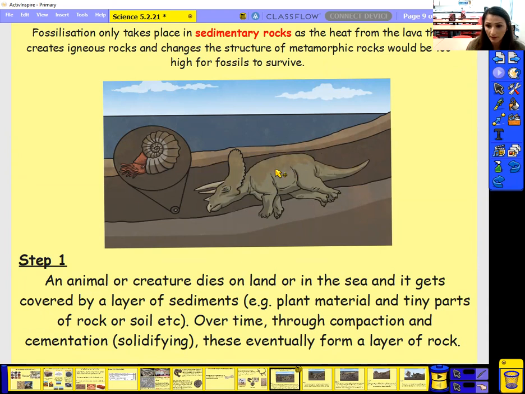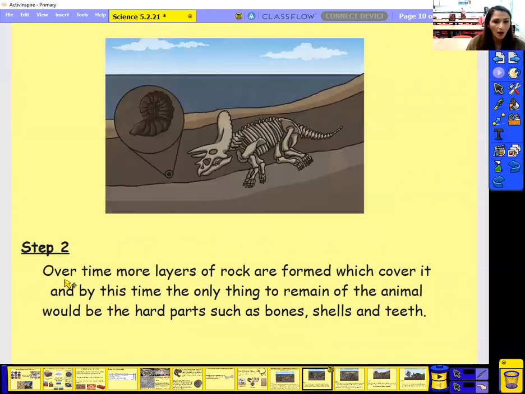Okay, so poor this dinosaur dies, layers of soil and animals, whatever that might have died, and over time it starts to harden. So on to the next bit. So this is step 2. Over time, more layers of rocks are formed which cover it, and by the time, the only thing to remain of the animal will be the hard parts, such as its bones, shell, and teeth.